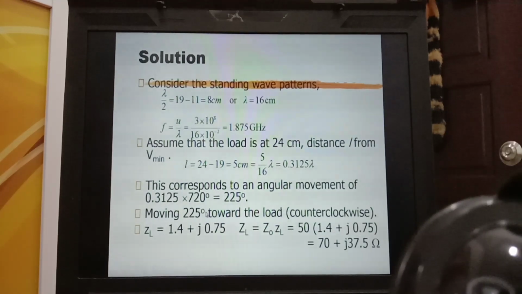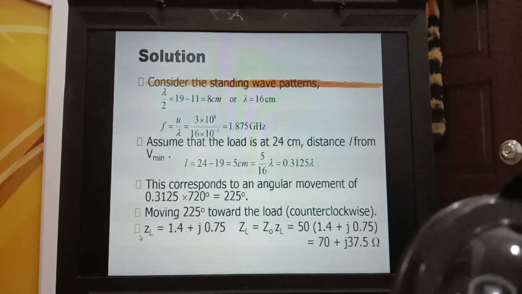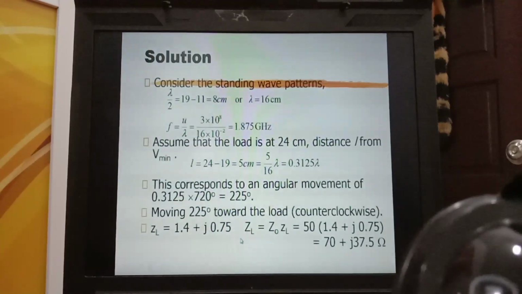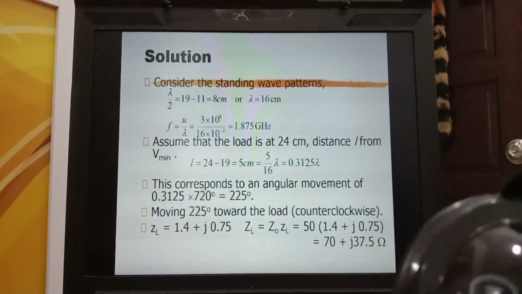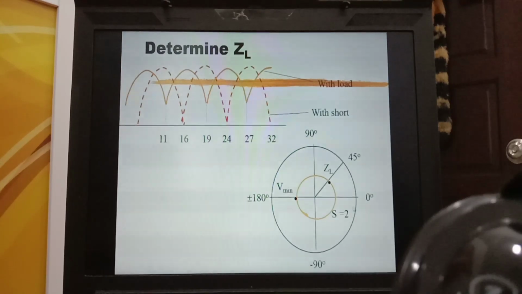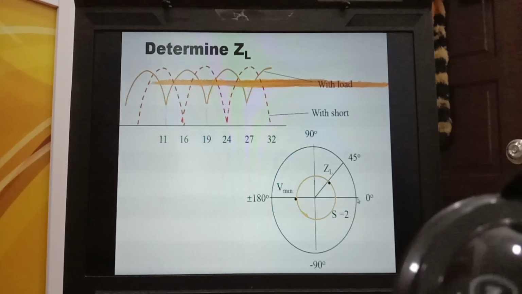In this case, we get a normalized impedance of 1.4 plus j0.75. That means the constant resistance circle that passes through this point is 1.4, and the constant reactance curve that passes through this point, a curve that is like this, you can read the value at the circumference of the Smith chart.